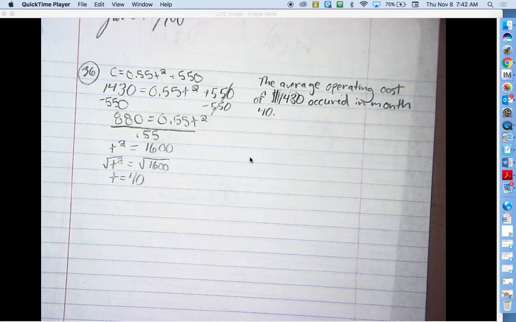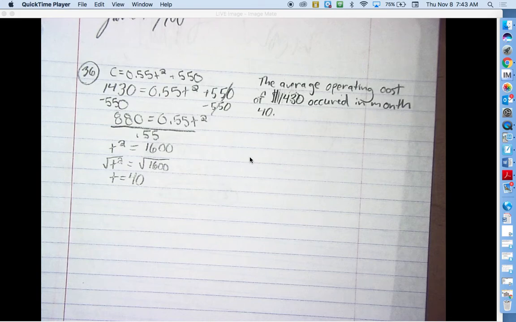So first I plugged 1,430 for the cost into the equation. I subtracted 550 from both sides. And next I divided by 0.55, and then I took the square root of both sides and 1,600 to get month 40. Any questions for Garrett?